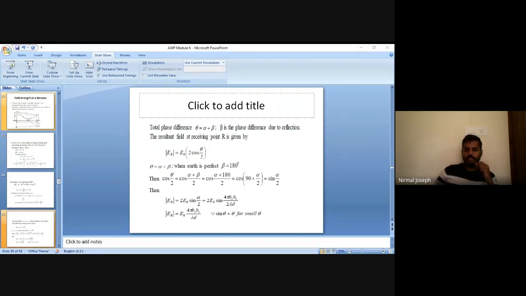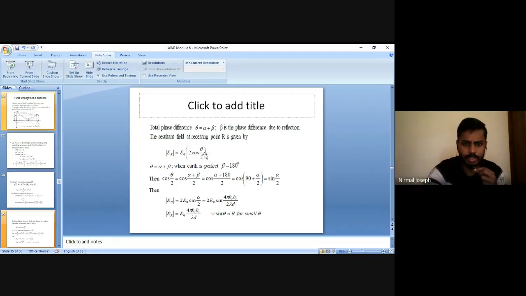We have studied a similar equation: the resultant field, the field at a distance due to two sources. Anyway, I will tell you, that is the field strength due to two point sources, with beta d cos theta by 2 as the expression there. Here it is also a similar equation only. Everything is the same, we are just concerned about the different path.